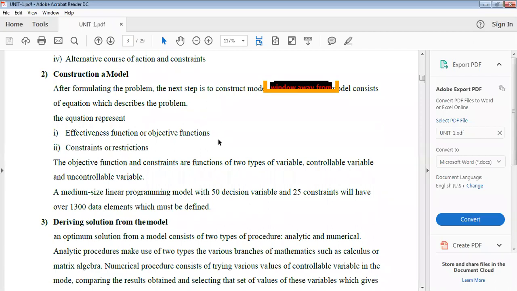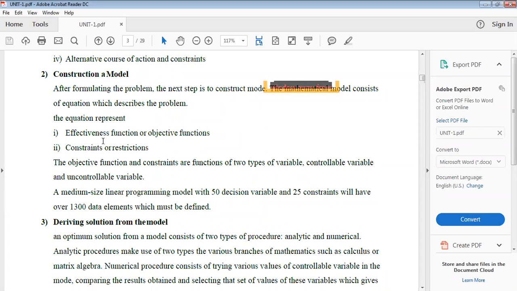Objective function generally means to maximize or minimize: maximize the profit or minimize the losses in the factory. And there are constraints and restrictions. Constraints mean there are certain boundaries, so restrictions will be there and you cannot act as you like.